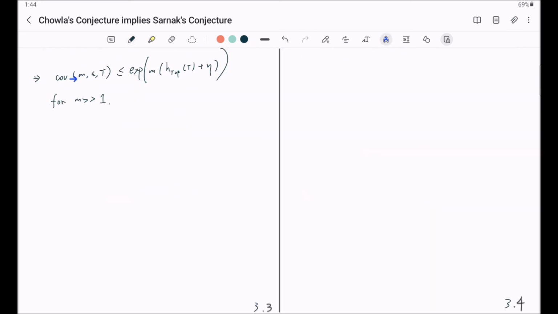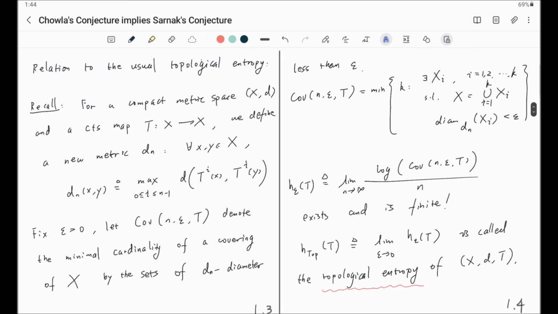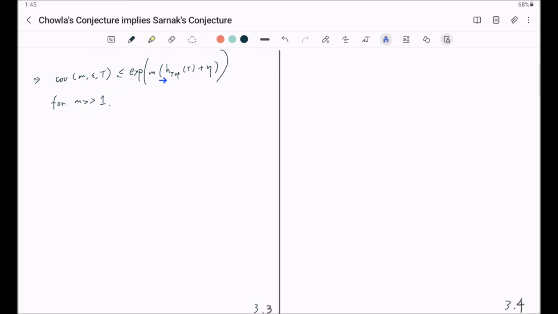But recall the definition for the covering numbers. In the definition of covering numbers, this curve denotes the minimum cardinality of a covering of X by sets of diameter less than epsilon. But we have to change this to the language of balls.